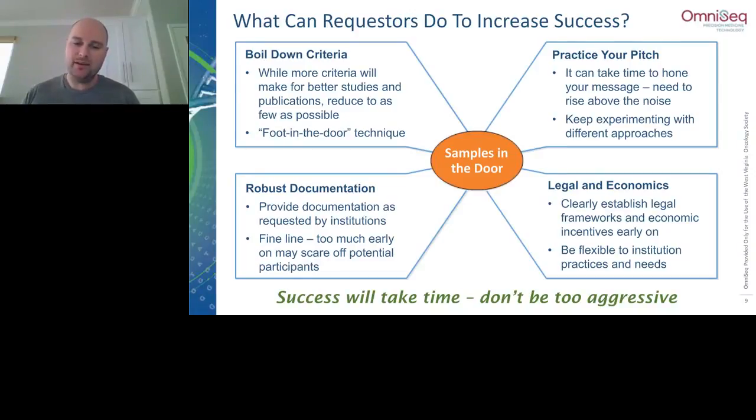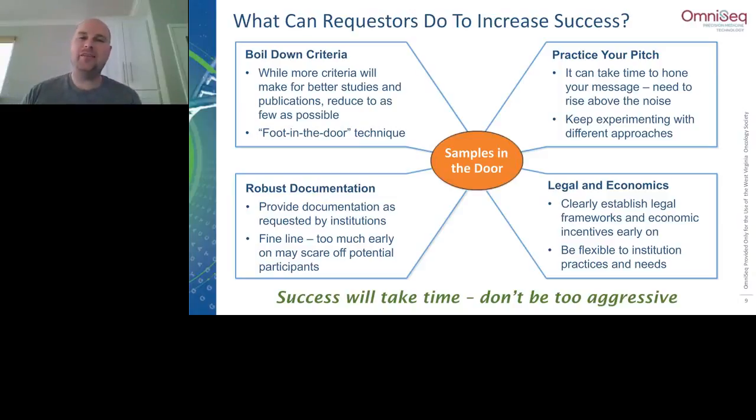What you're doing is reducing the amount of work that they need to complete themselves, and in doing so, you're allowing them to make their lives a lot easier, which will ultimately make your life easier. So the second bullet on this, I think, is important. In our experience, what you want to do is provide some documentation on the study design, on the science, on the ideal parameters for samples, on the economics, etc.